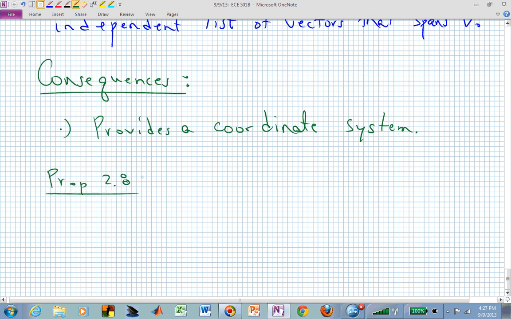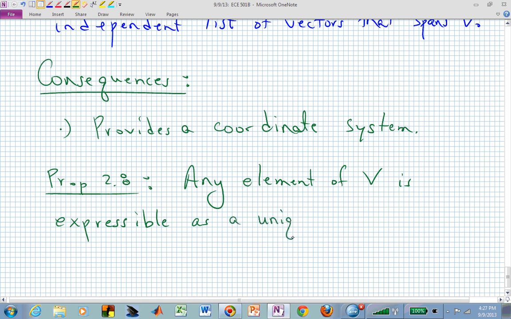Another consequence is proposition 2.8, which says that any element of your vector space V is expressible as a unique linear combination of basis vectors.